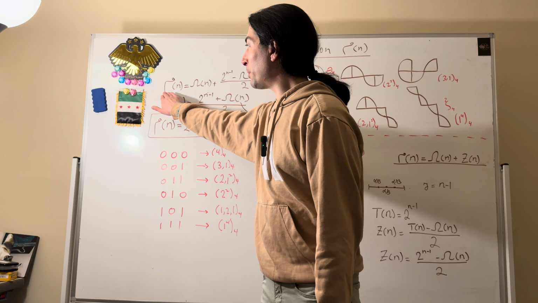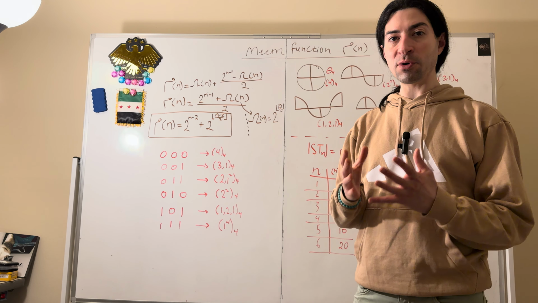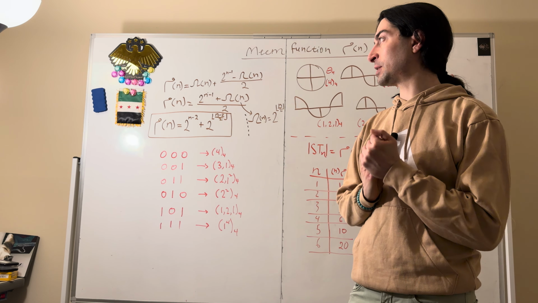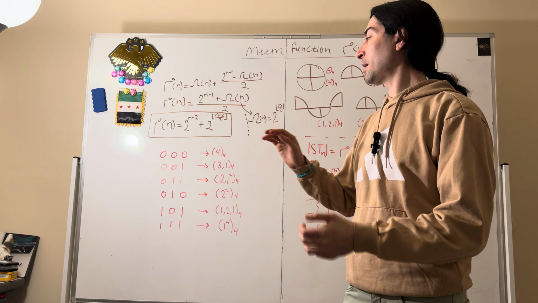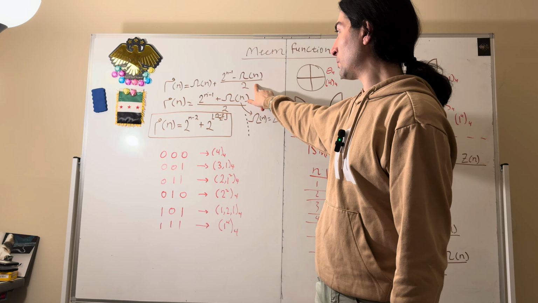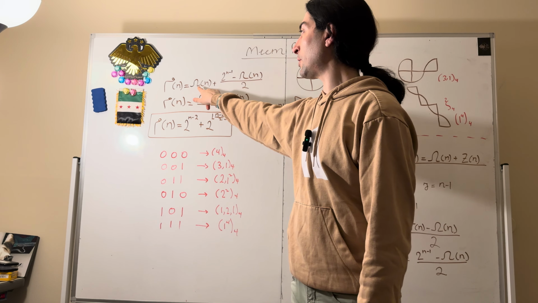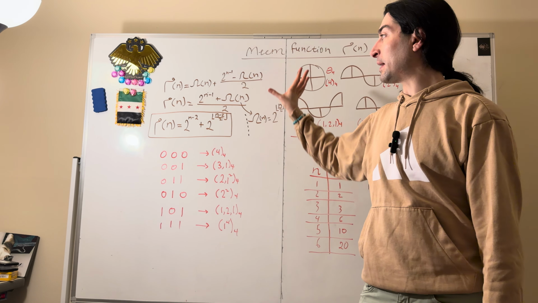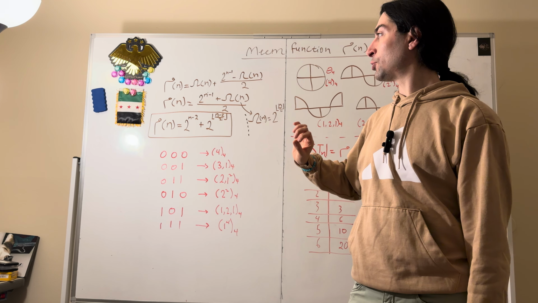Now, let's go back to meem of n, or the total number of sectoral structures of degree n. We will say that we're going to add z of n, which we've already established, and omega of n. And this simplifies nicely to the following.